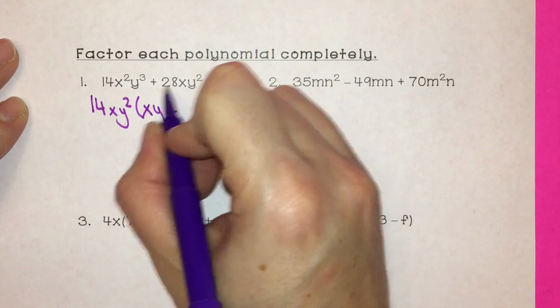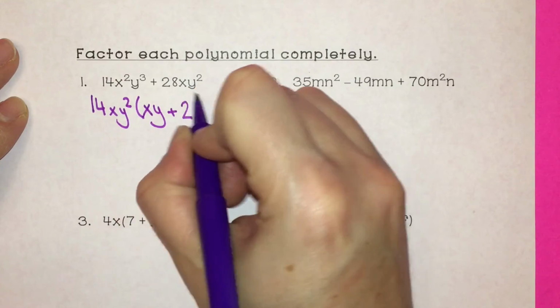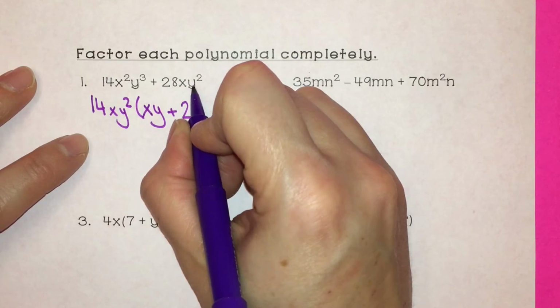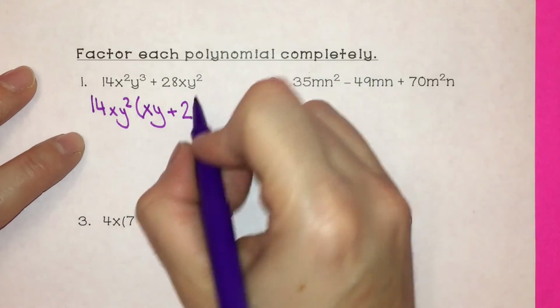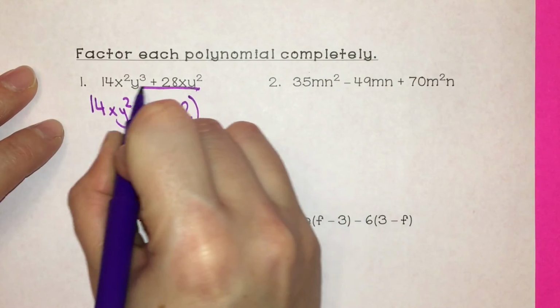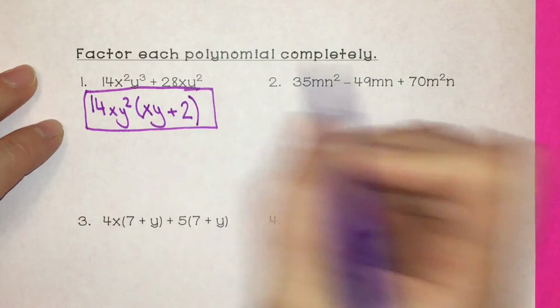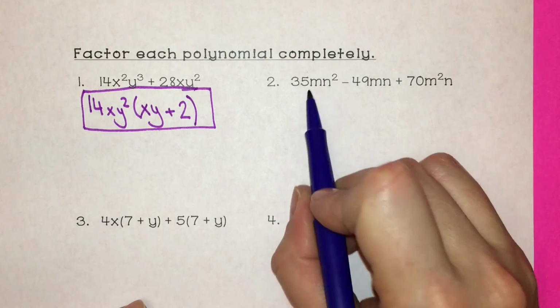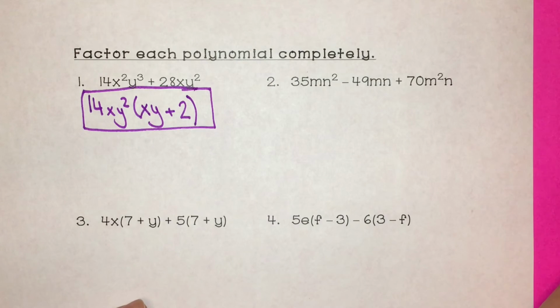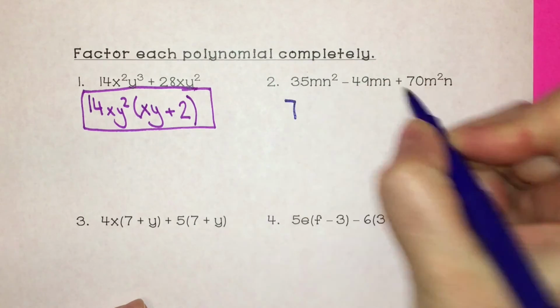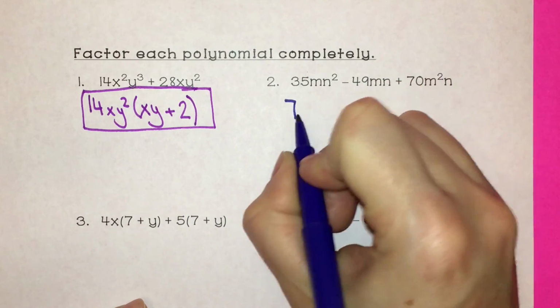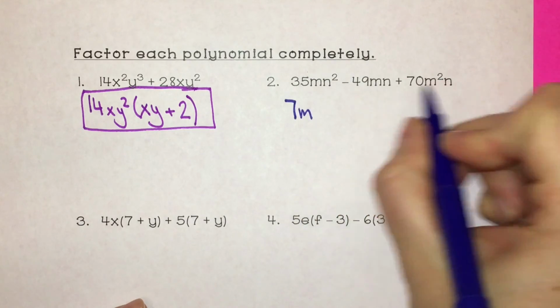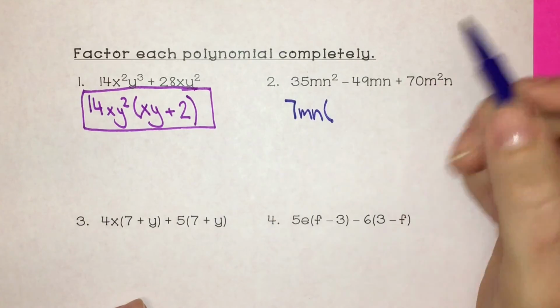Plus, 28 divided by 14 is 2. X divided by x is 1. Y squared divided by y squared is 1, so we're left with just 2. All right. Here, we can divide everything by 7. And we have m is the smallest m term, n is the smallest n term.